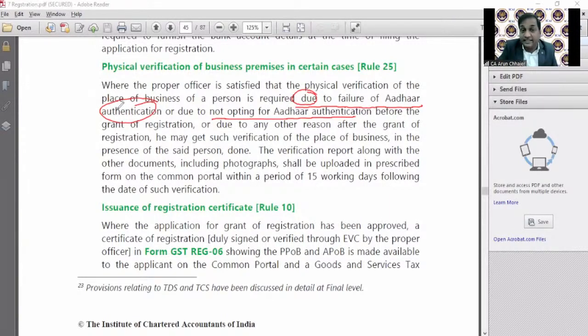So I selected in Part B that I will do Aadhaar authentication but failed to do so. And second, I have not selected Aadhaar at all. In both cases, what is the time limit to approve the application? 30 days, and 30 days supported by physical verification.